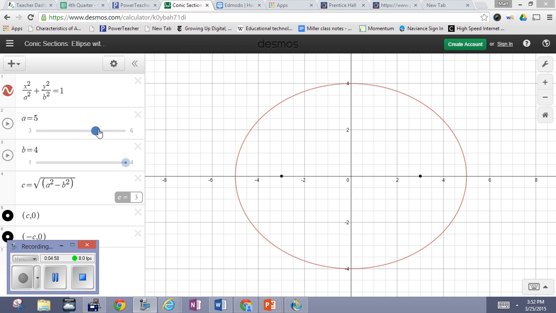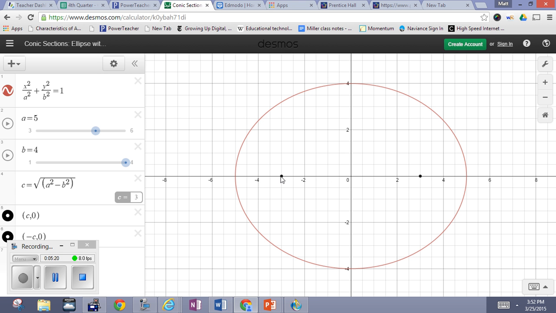We'll look at another one. But here you can see that a is 5, so the major axis along the x spans from -5 to +5, so the span there is 10. And the minor axis is spanning from -4 to +4 along the y.